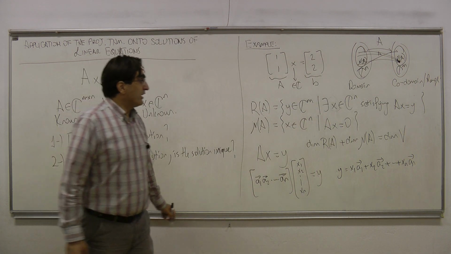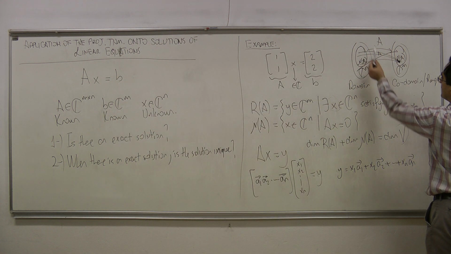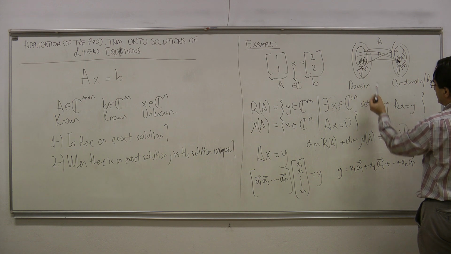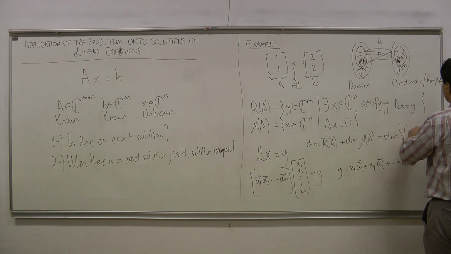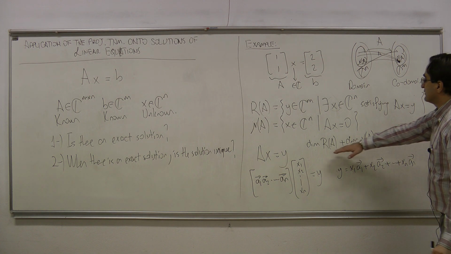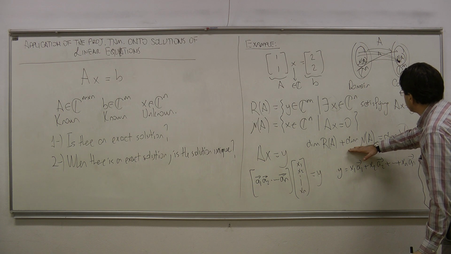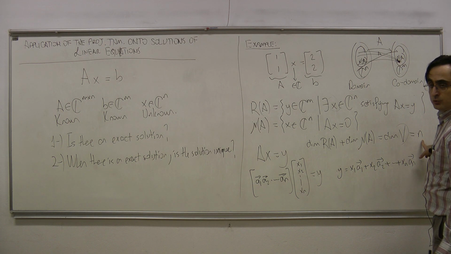And here, what is the domain? V is my domain here, and its dimension is n because it is Cn. As a result, the rank nullity theorem for matrices is nothing but dimension of range space of A plus dimension of null space of A is equal to n, the number of columns.